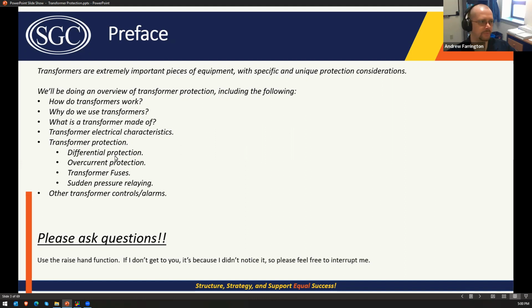Differential protection is probably the most important and challenging to understand, I would say, so we'll talk about that in depth. Overcurrent protection, fusing, sudden pressure relaying, and maybe some other protection types, and then other controls and alarms that you may see in your career.